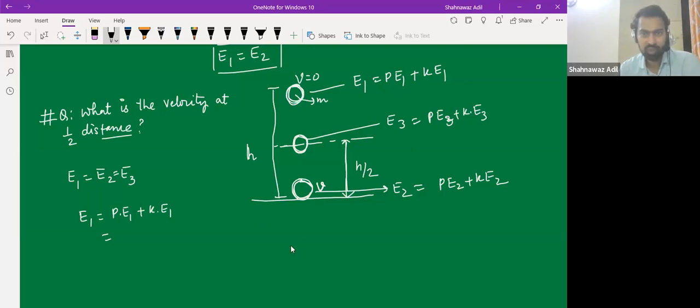Potential energy is 0? So this is the reference. From here this object is at this height. Sorry, potential energy is mgh. So why are you guys confused? Any confusion? This we just did.